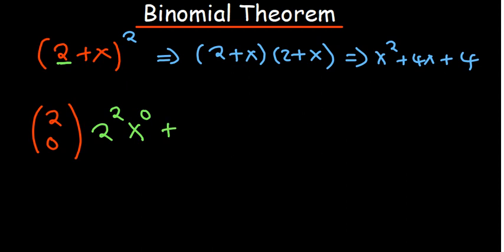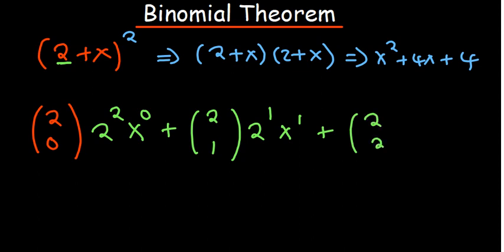Plus. It will now be 2 choose 1. 2 will be to the power of the difference. Again, 2 minus 1 is 1. X will match up to 1. And then we have 2 choose 2. 2 minus 2 is 0. X will still match up with 2.